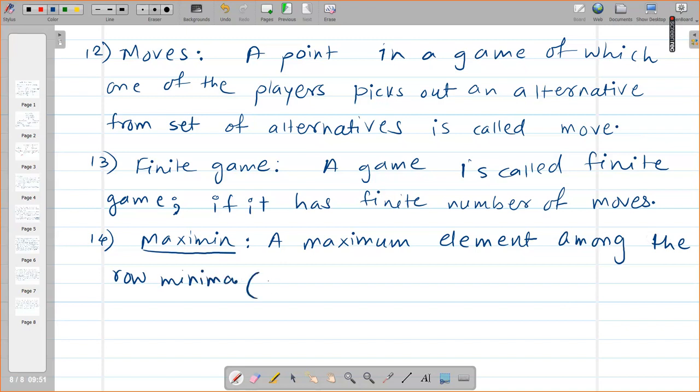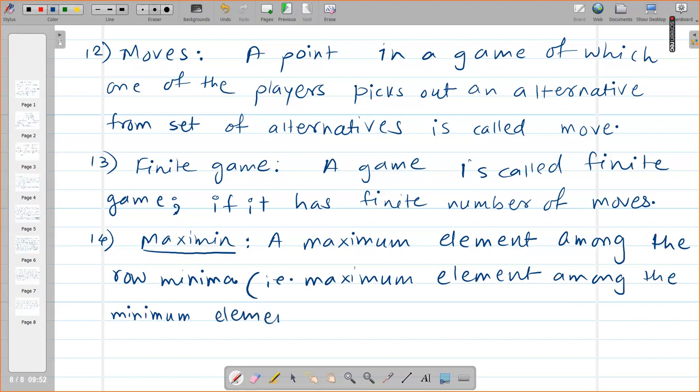That is, the maximum element among the minimum elements selected for each row is called maximin.